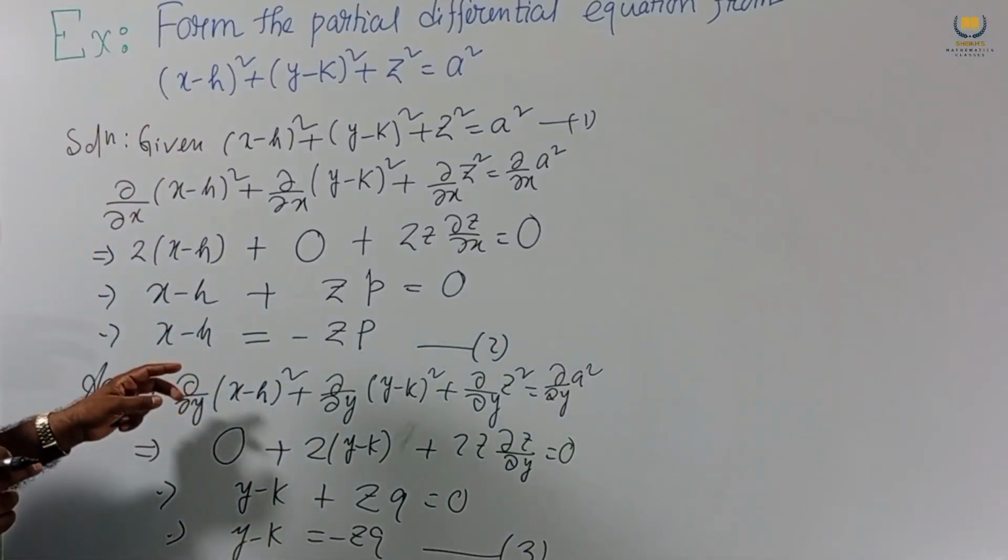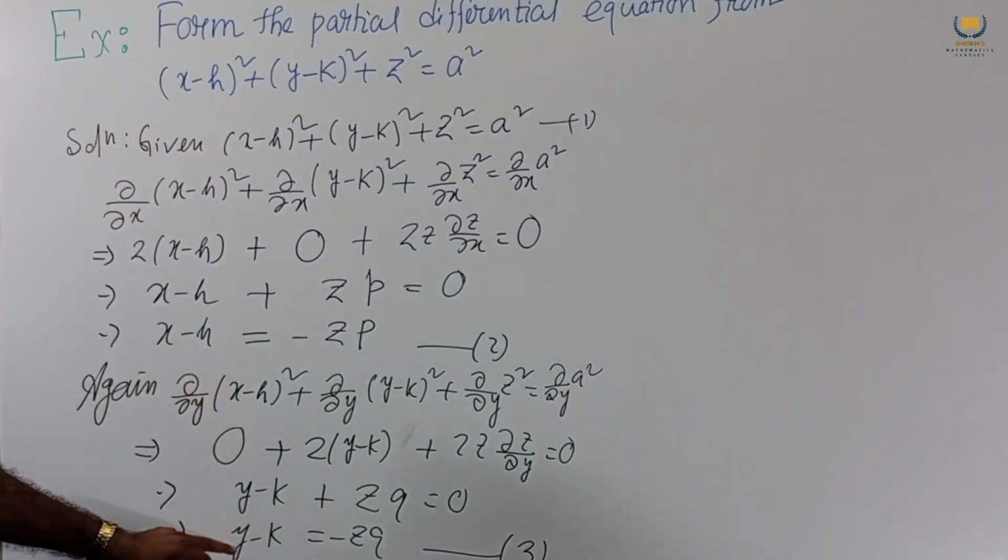Now putting the values of x minus h and y minus k in equation 1.